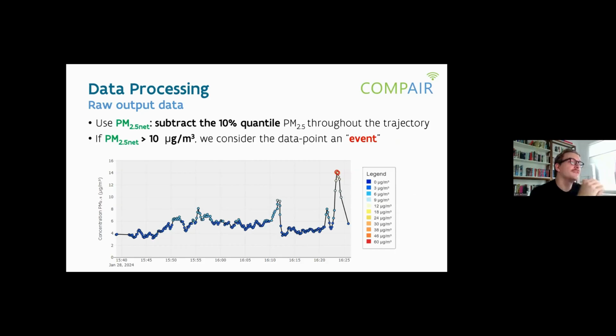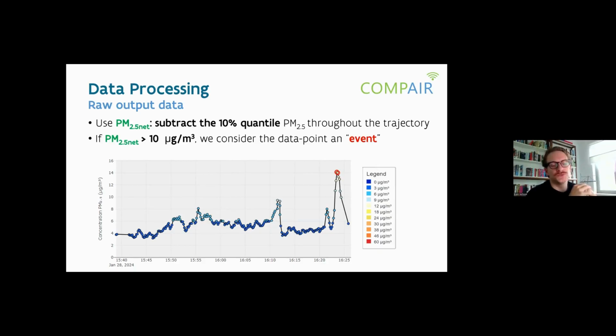Okay, now the problem with this whole game is that, for one, these sensors are not so accurate, so they depend on a lot of meteorological constraints. But beyond that, there's always a very significant effect from the background for particulate matter. I mean, there are days where the background is much higher, much lower.